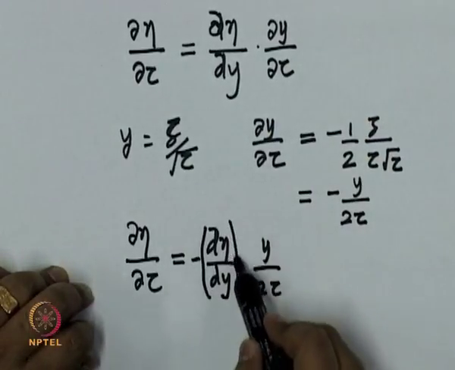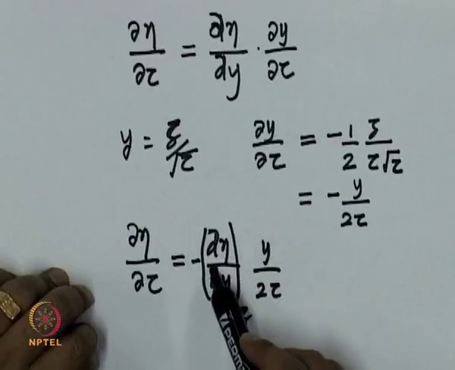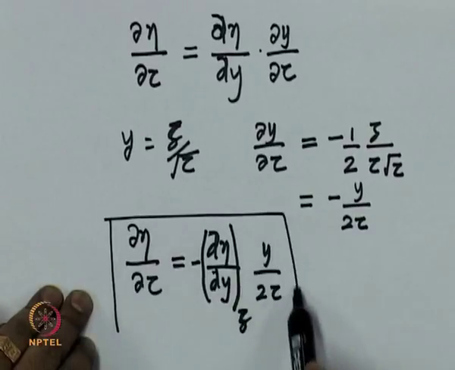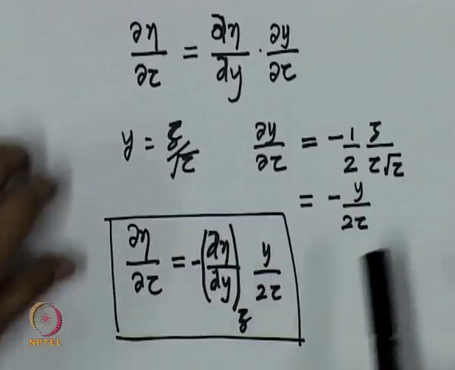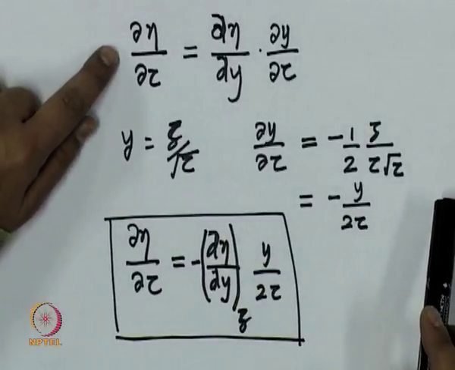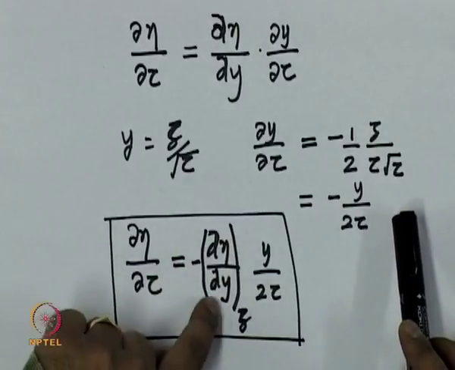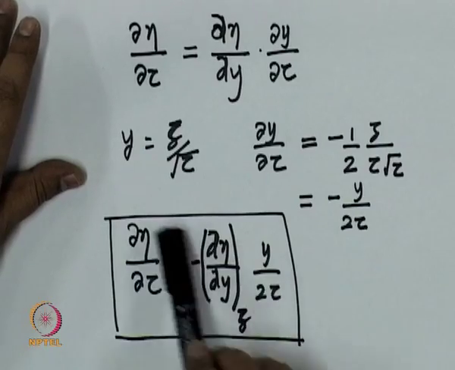So, I am going to say that when z is kept a constant, ∂η/∂y and ∂y/∂τ is what ∂η/∂τ is. So, this is the left hand side of the equation. We have calculated ∂η/∂τ in terms of y. ∂η/∂y times minus y by 2τ is nothing but ∂η/∂τ. Now, let us calculate the right hand side of the equation.